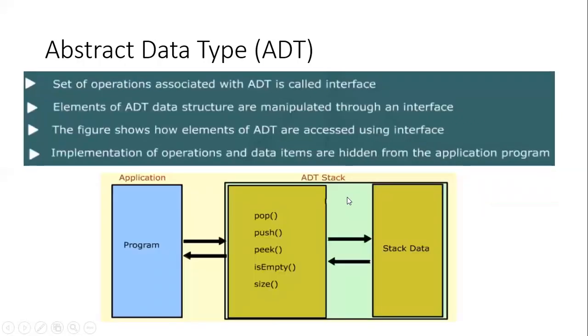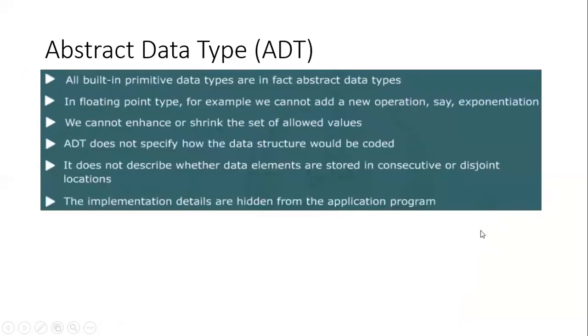The set of operations associated with an abstract data type is called an interface. Elements of abstract data types are manipulated through an interface. The figure shows how elements of abstract data types are accessed using the interface. The implementation of operations and data items is hidden from the application program: application program, abstract data type, pop, push, peek, is empty, size, and the stack data.